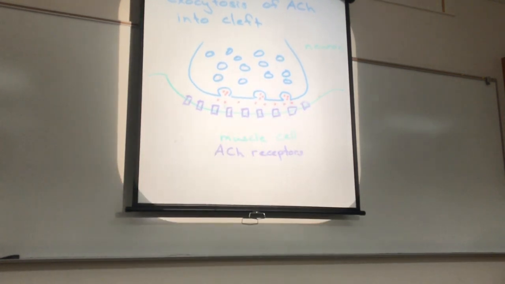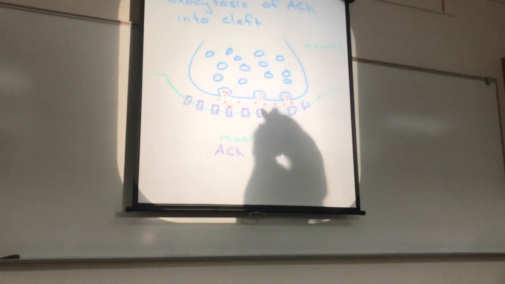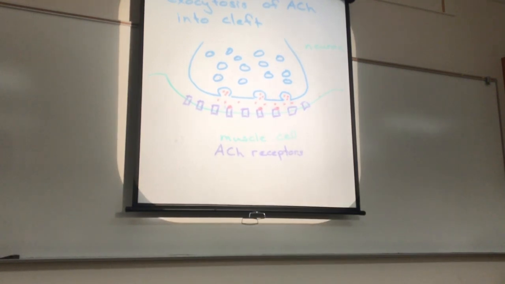And on the other side of that cleft are hundreds of acetylcholine receptors. So the acetylcholine molecules will diffuse across the cleft and they will bind to the acetylcholine receptors.